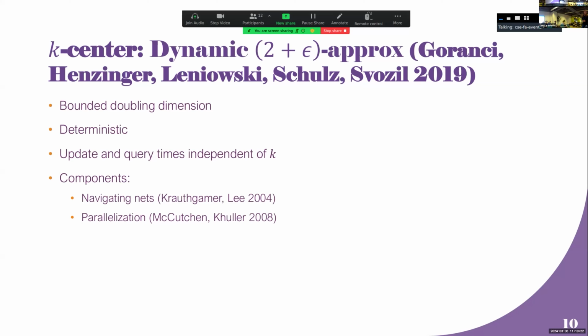The ingredients are navigating nets, which is a data structure by Robert and James Lee, which I will explain in a minute, and a parallelization technique that was used in Sami's paper for the incremental case.